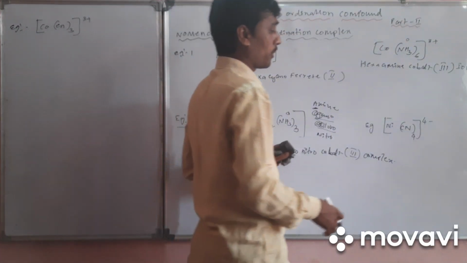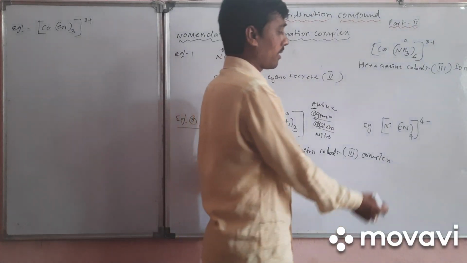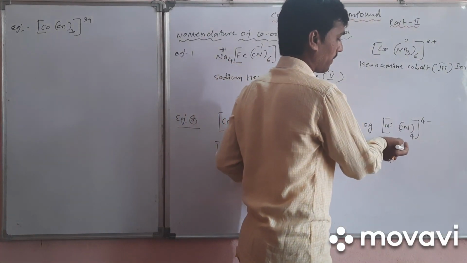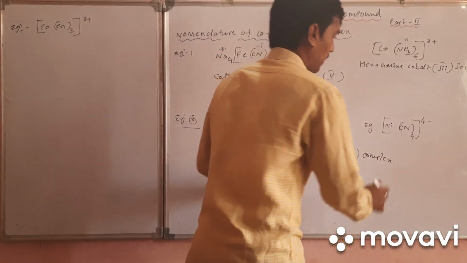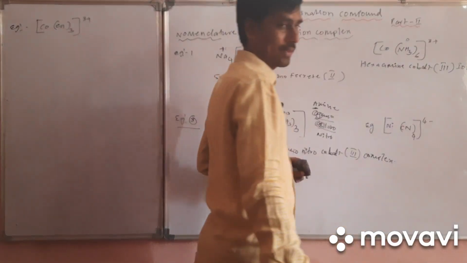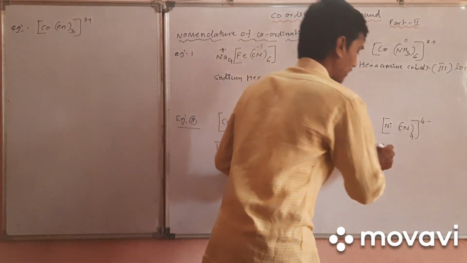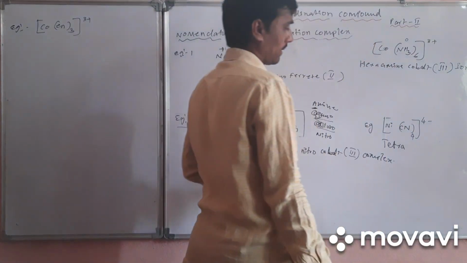Next we go to another example. If the complex compound has an anionic nature, the name ends with ate. Observe this example. How many ligands are there? Four ligands, so we use tetra.